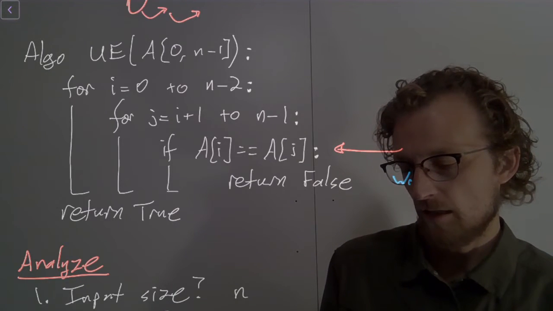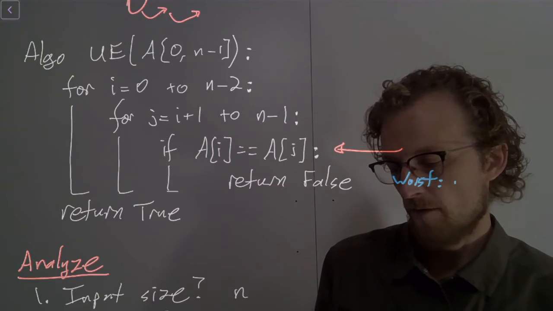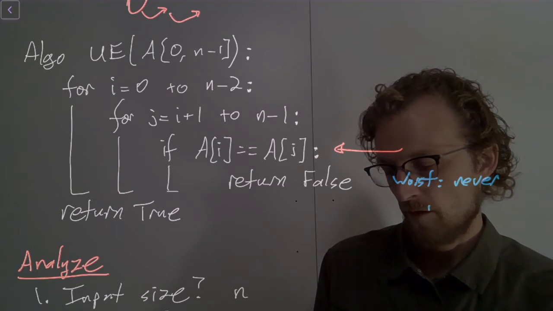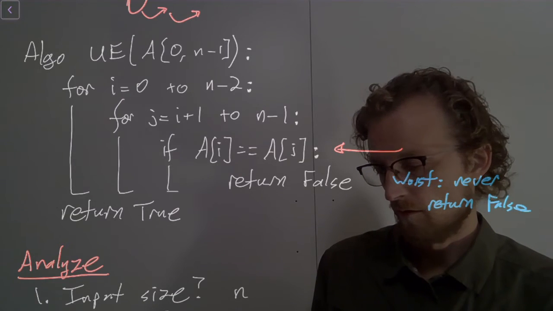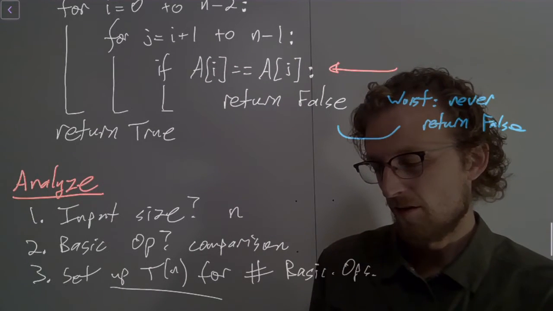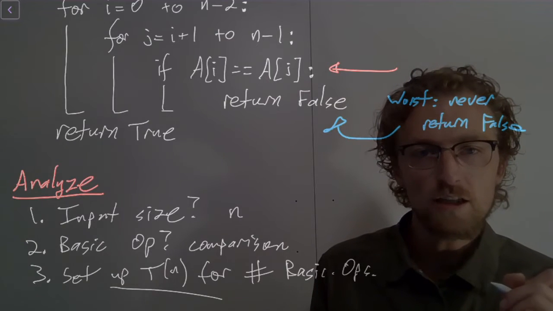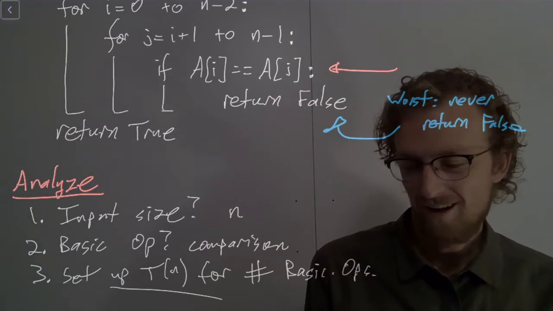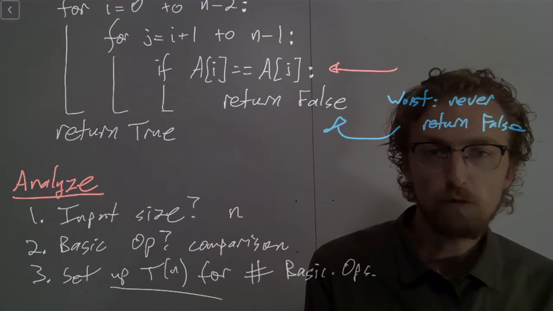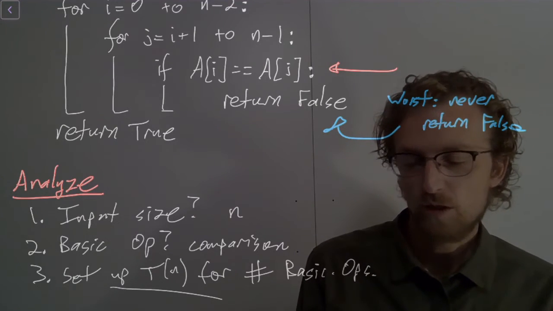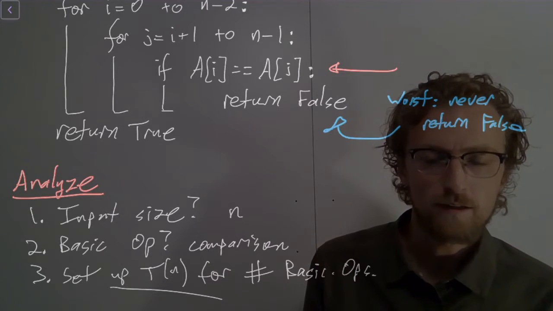So worst case, never return false. And how do you do that? You want to make sure that this code never executes, which means you want to make the comparison operation fail every time, which means that you want all the elements to be distinct.